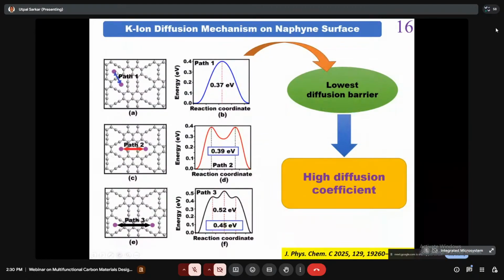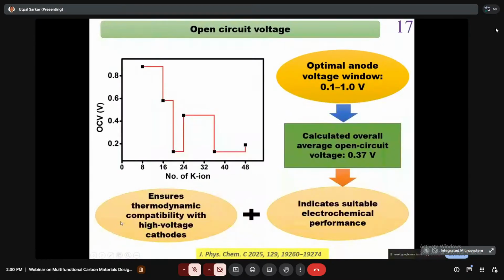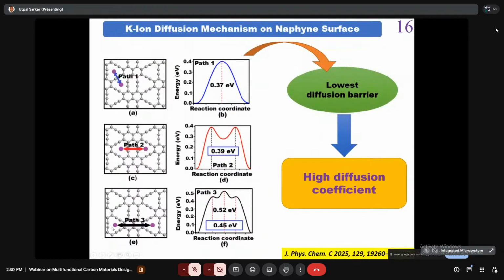From one stable position to another stable position, there are 3 paths available here. This is one, another one is on top of this ring, and another one is on top of this ring. Okay, so here you see there is only one barrier.